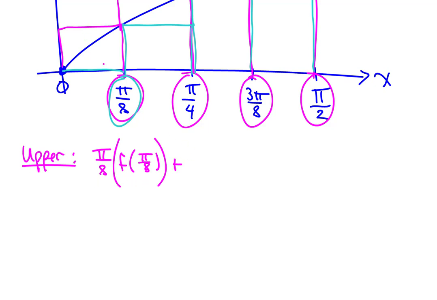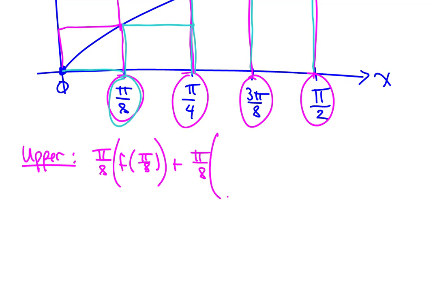Moving on to the second rectangle, the same width occurs for each rectangle, which is why we can call pi over 8 the base of any of them. That happened conveniently because we knew we had 4 rectangles, and so we just started cutting stuff in half to get 4 equal width rectangles. And so pi over 8 is the base of all 4 of these rectangles.